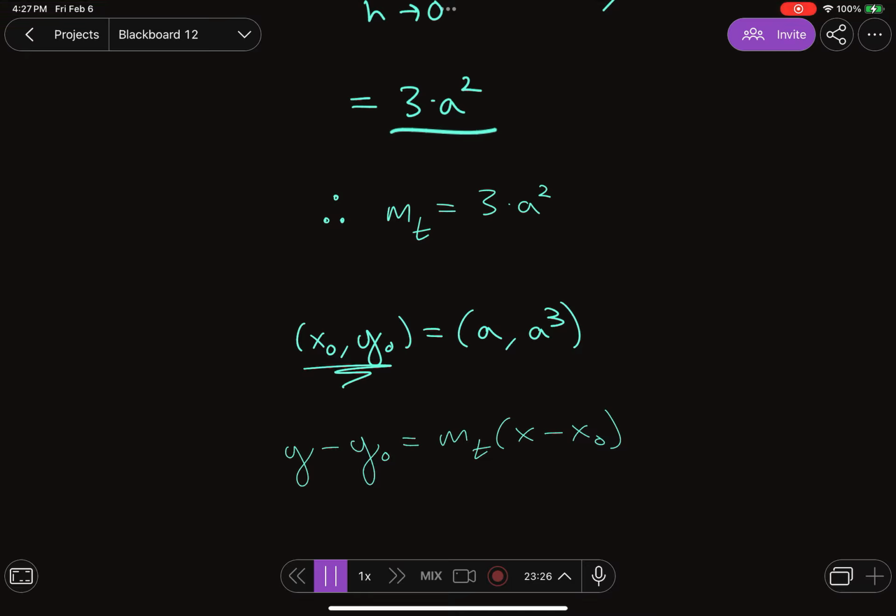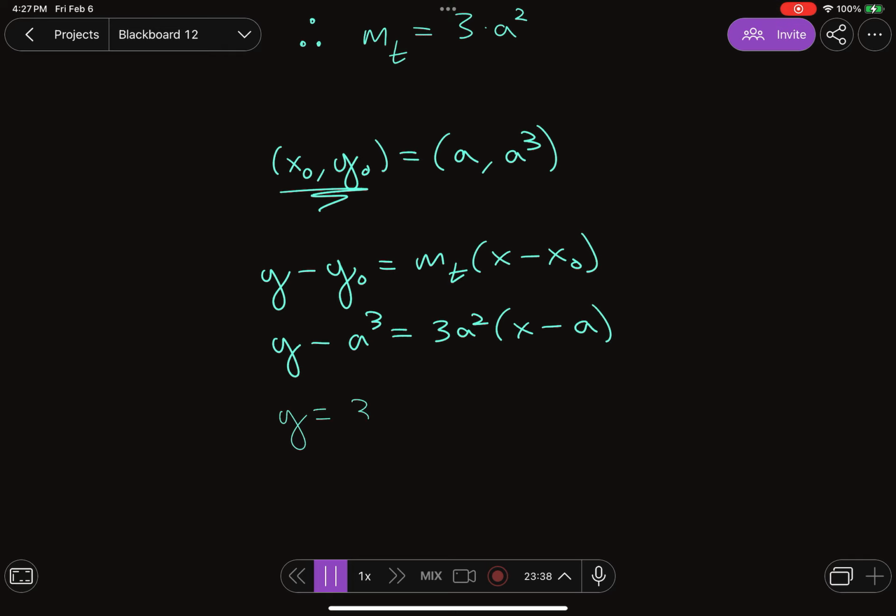You can just plug things in. We got y minus a cubed is equal to 3a squared times x minus a. Expanding things out, we got y is equal to 3a squared x minus 3a cubed plus a cubed.